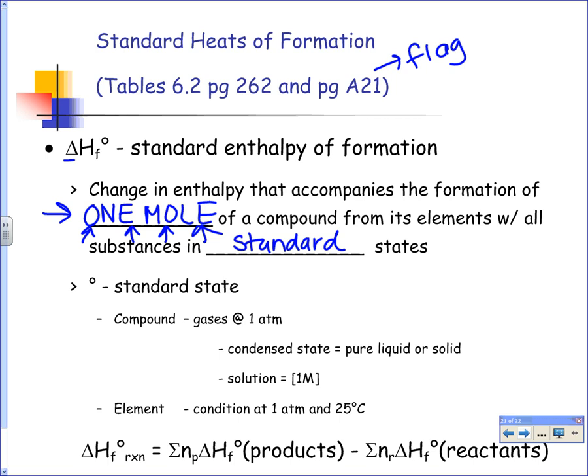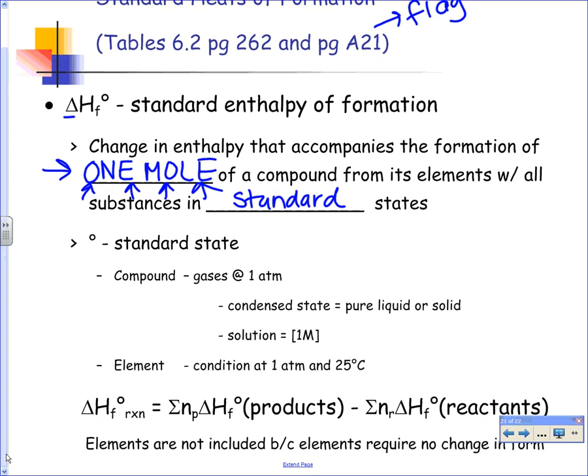Well, that lends itself to a question: what is a standard state? The first thing you'll see for standard states is this little degree sign. You see it up here. That means standard state. For a compound, this means that gases are at 1 atmosphere. For a condensed state, we would have a pure liquid or solid.